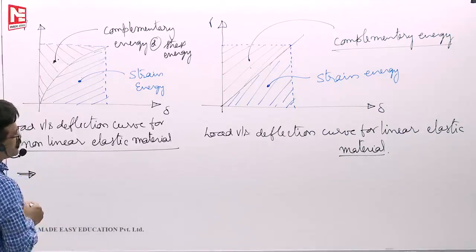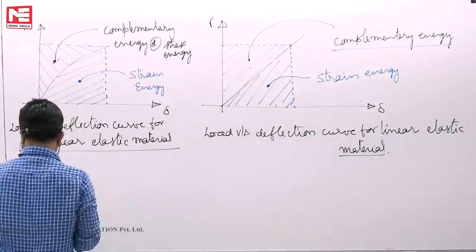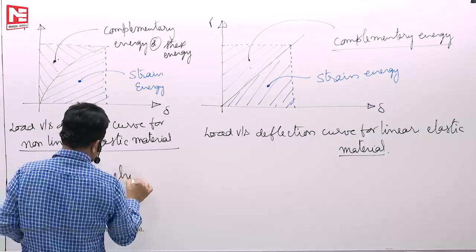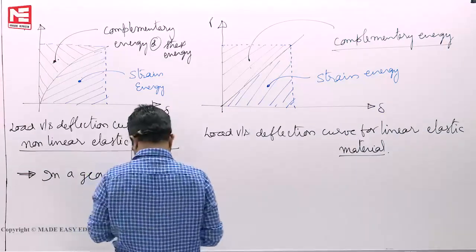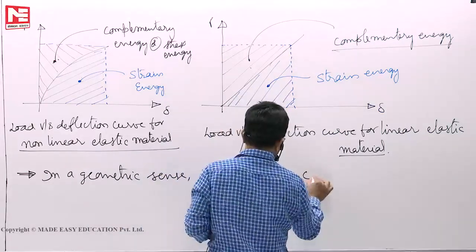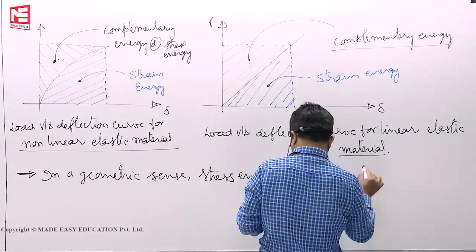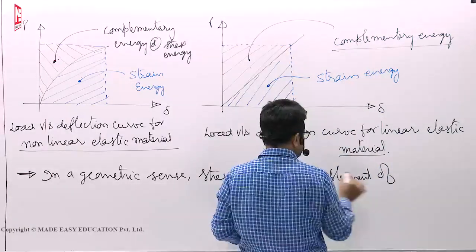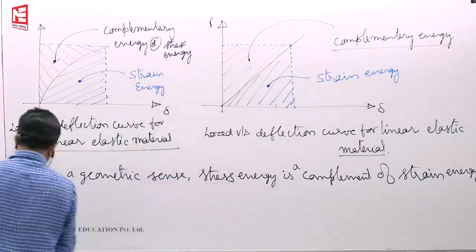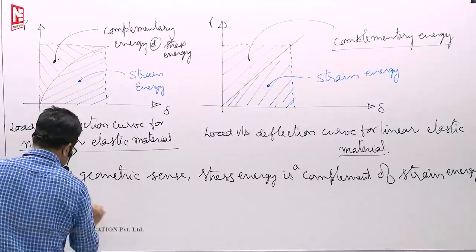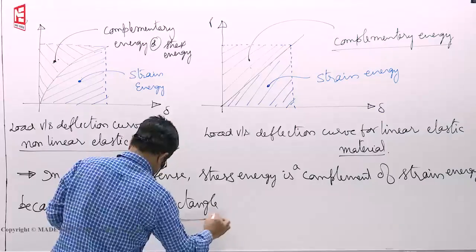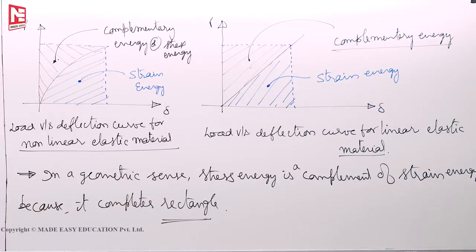Now you see why we call it complementary. In a geometric sense, complementary energy is a complement of strain energy because it completes a rectangle.